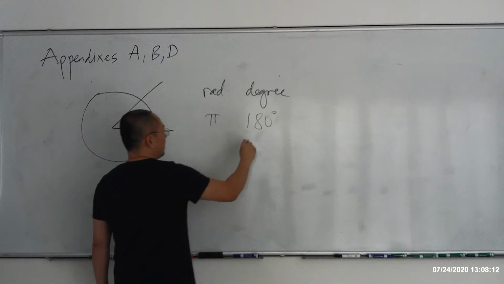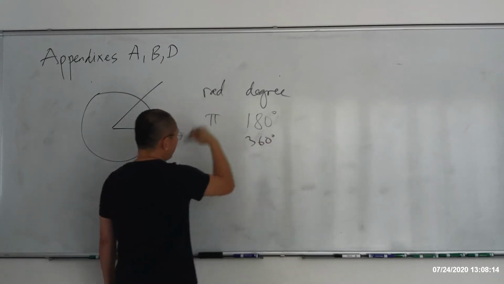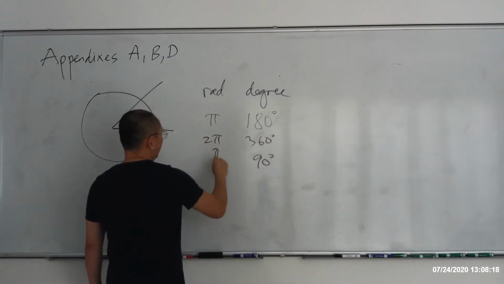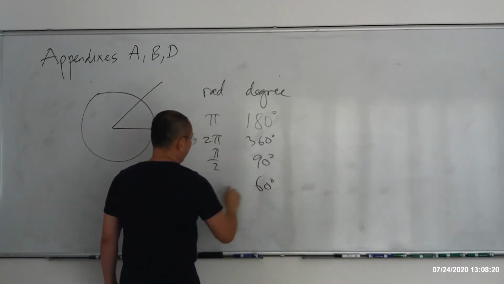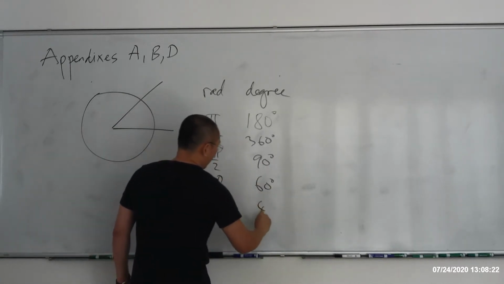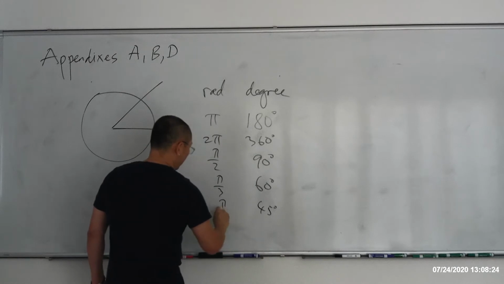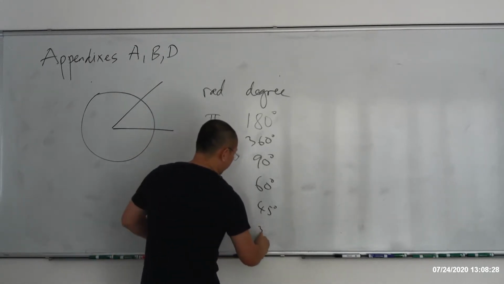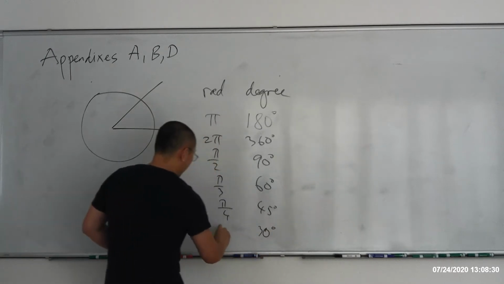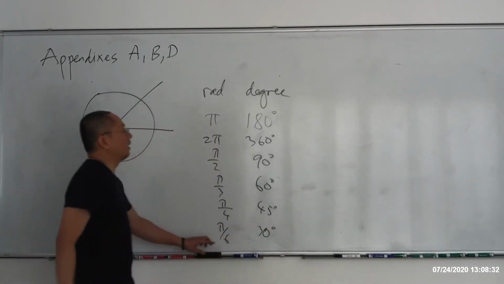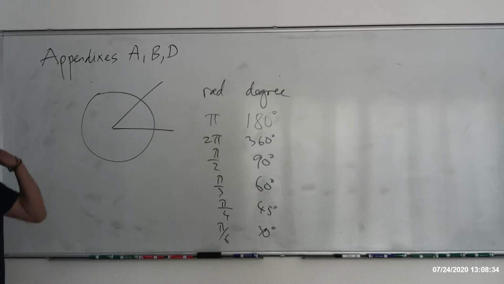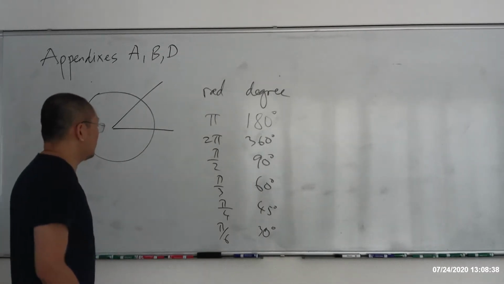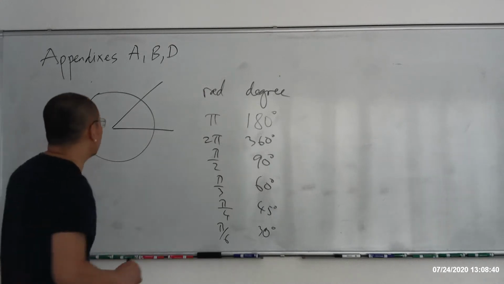And of course, it's what? 360 degrees means that the entire circle is going to be 2 pi. 90 degrees is going to be pi over 2. 60 degrees is going to be pi over 3. 45 degrees is pi over 4. 30 degrees is pi over 6. So forth and so on. You can either use degree or radian, but most of the time we mathematicians prefer to use radian because it's easier to work with.